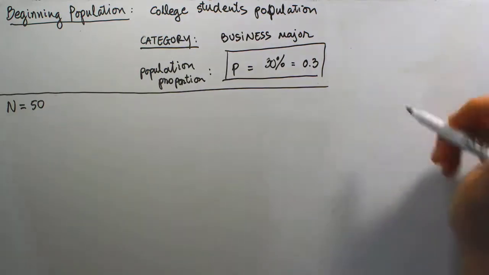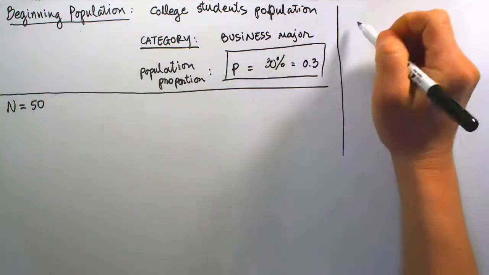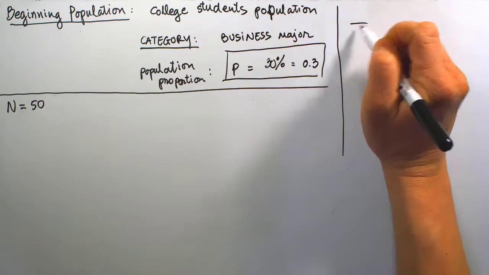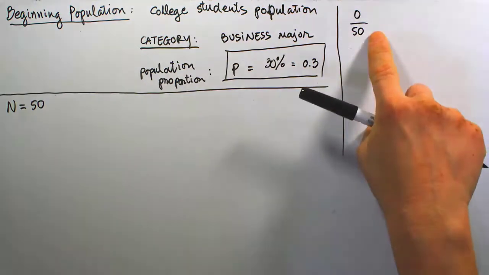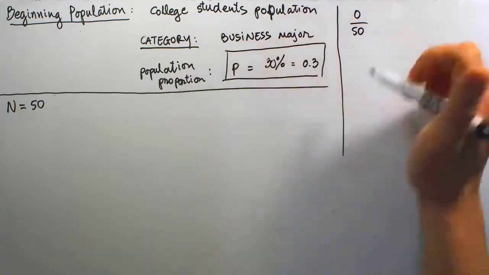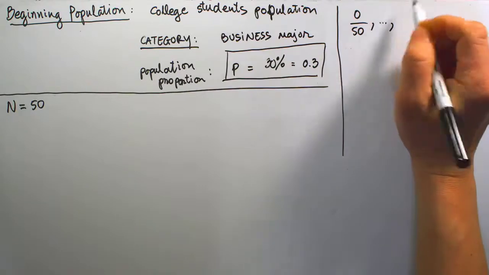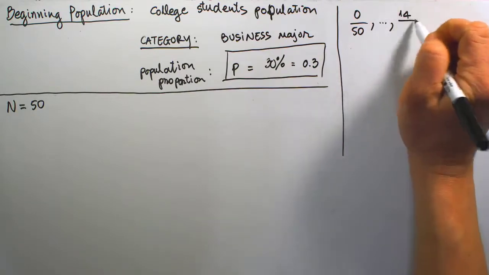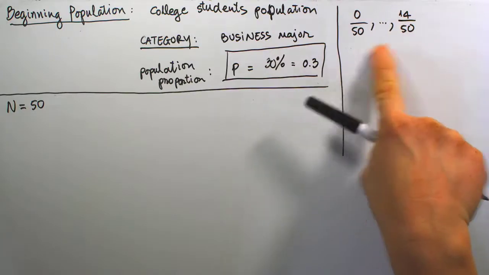And again, as a scratch work reminder, the whole idea here means that in some sample of 50 college students, we may be as unlucky as having none of them being in a business major. Some other sample we may find as lucky as 14 of them being business majors, but these are all out of 50.